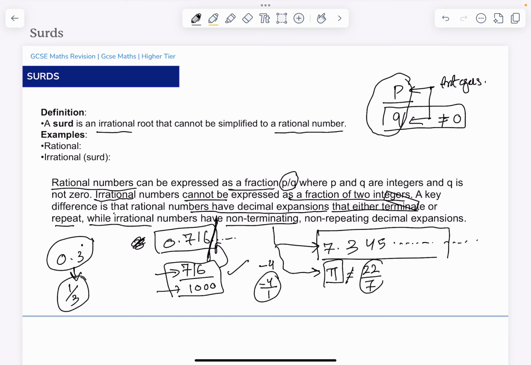It's approximately equal to 22 over 7, but its actual value is 3.14 something, and it's going on forever. Scientists are still figuring out the pattern in this number, but there is no such pattern they have seen till now. Non-repeating decimal expansion.